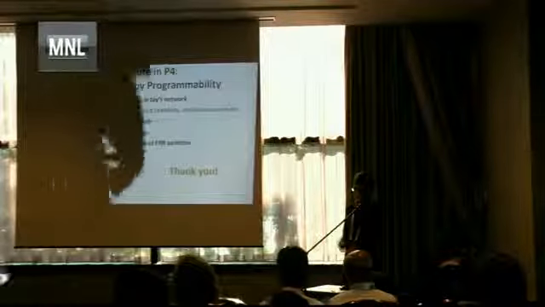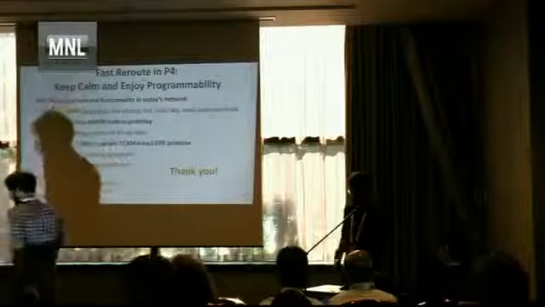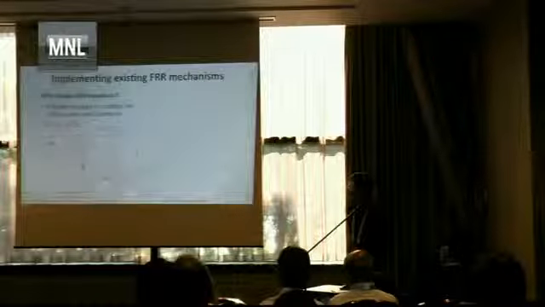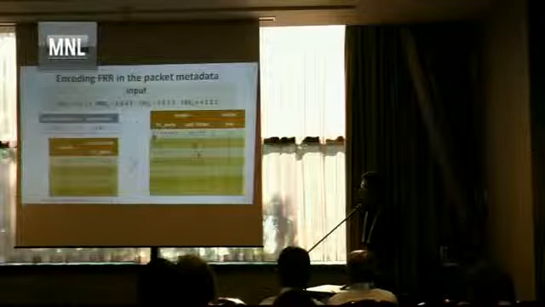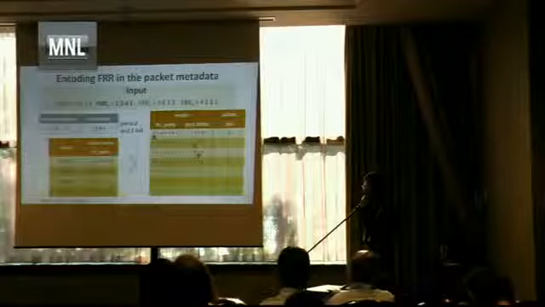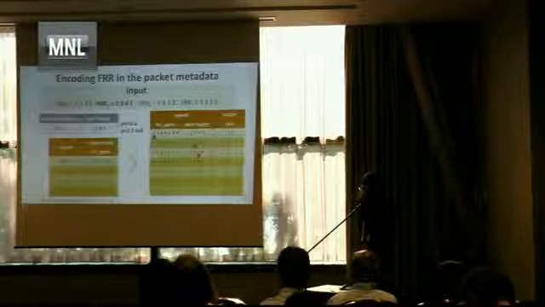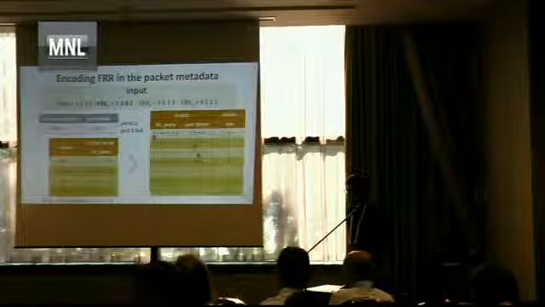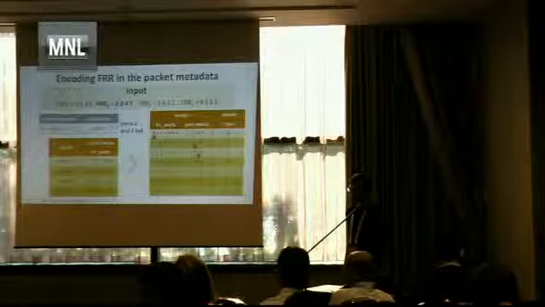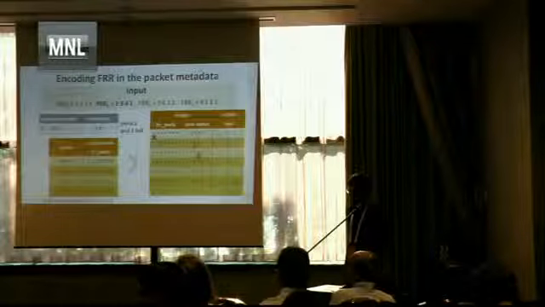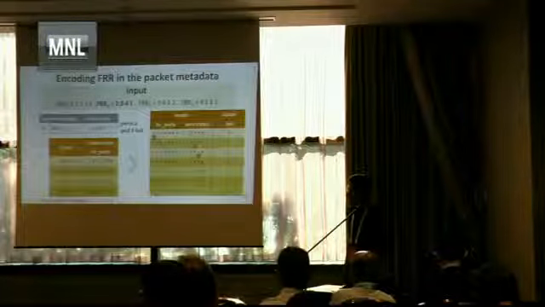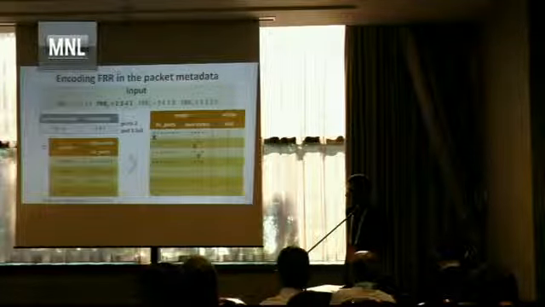Thank you. Just a quick question. Could you roll back to where you append the... that's the one. So first you append to the packet the port status, and later on you append in front of that the FRR ports. Am I correct?